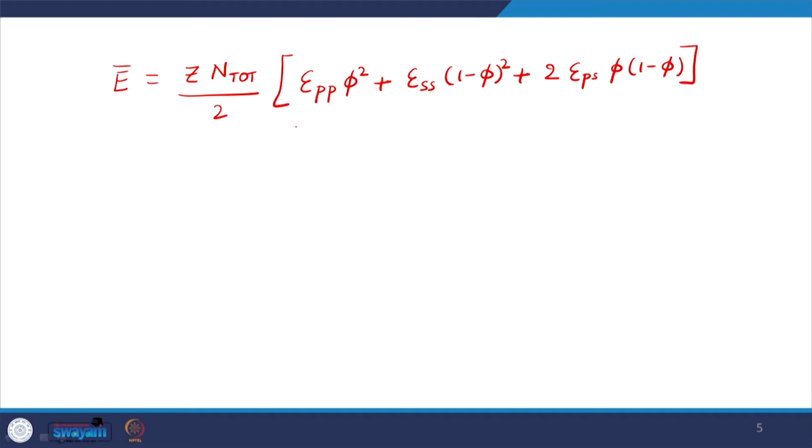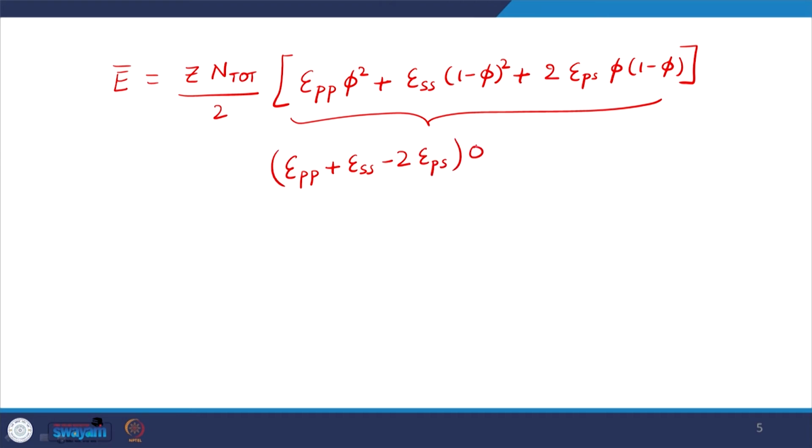Now, I can collect the terms containing different powers of phi here. So, what we have is epsilon Pp plus epsilon Ss minus 2 epsilon Ps multiplied with phi square, minus 2 epsilon Ss phi, plus epsilon Ss, and in the last term we have plus 2 epsilon Ps phi.